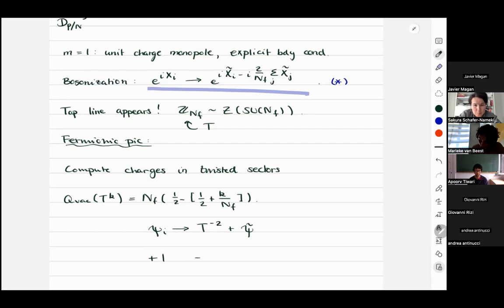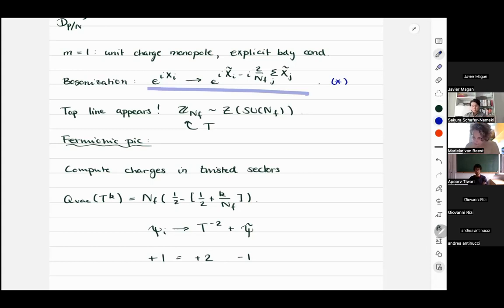If you compute the vacuum charge of this T to the -2 line operator, then you find that it is +2, and this one has -1. So it works out. And similarly, you can check for all of the other symmetries that I wrote down that this scattering preserves all of the symmetries and transforms in the right representations.